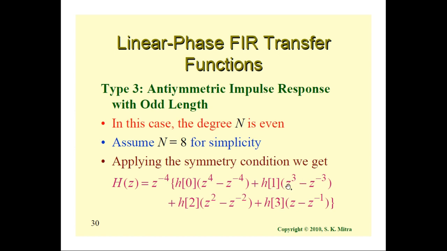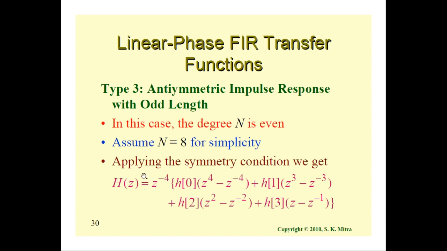Similarly, for z^-3 and z^-7, z^-2 and z^-6, and z^-1 and z^-5. The center sample will be 0 because we have an odd length filter with antisymmetric impulse response, so the center sample will be 0 in this case. Therefore, you don't see any extra term in this case.